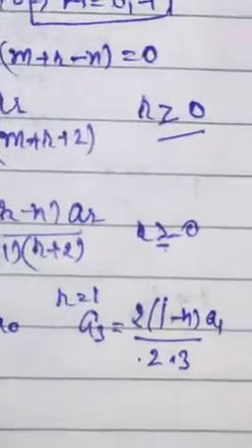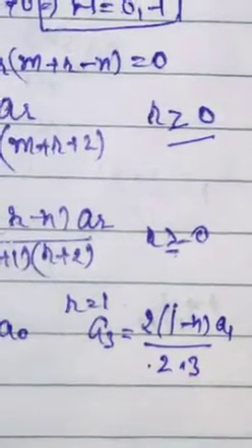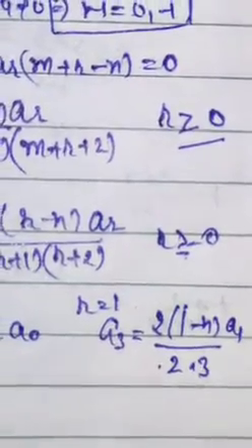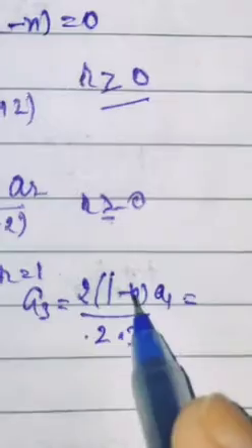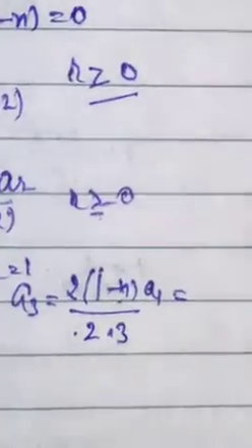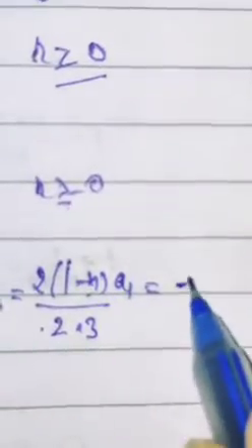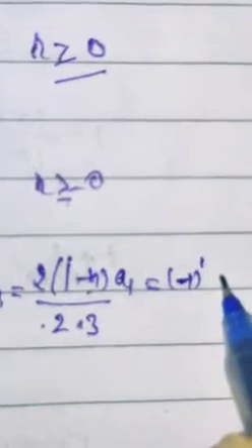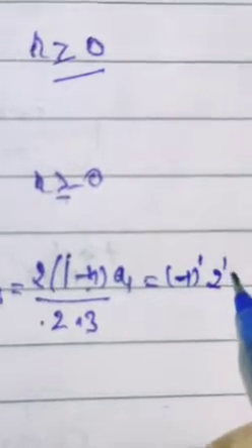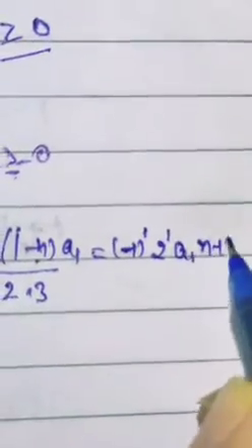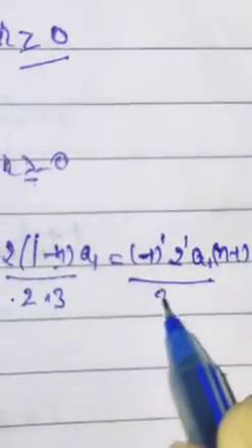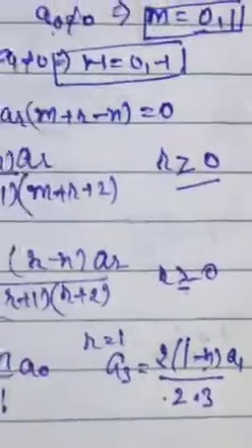This can be written as minus 1. We take a common minus out from here, and this gives the result n minus 1. So (-1) raised to the power 1, 2 raised to the power 1, a1 (n-1) divided by 3 factorial.